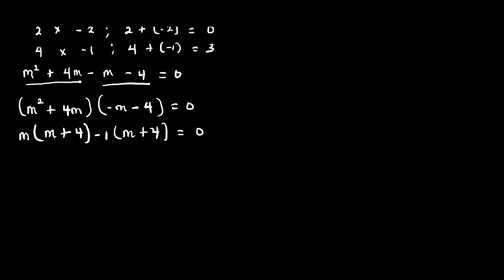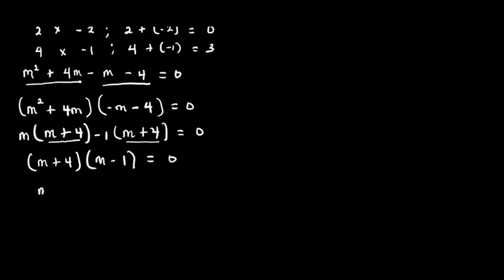Note that the expression in this bracket must be the same as in this bracket. If they are not the same, then you are wrong. So once they are the same, you have to pick one out of them. m plus 4 is common, and the next one is m minus 1 equals 0.